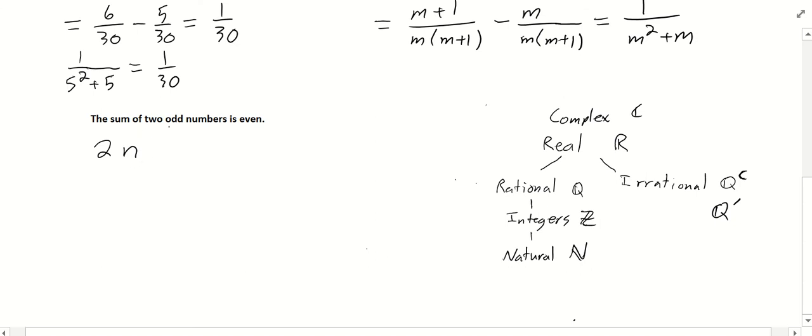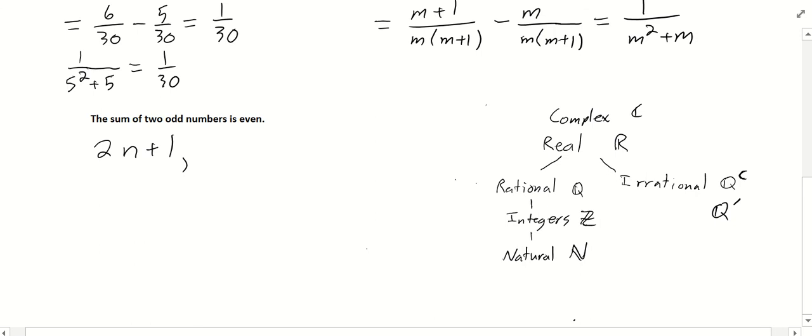You can actually check to see that this gives you all of the even numbers. Now, how do I make sure that I get an odd number? Well, if I add 1 to that, it's going to be odd. I could also subtract 1 from that, and it would also give me all the odd numbers. Now in my statement, I'm looking for the sum of 2 odd numbers.